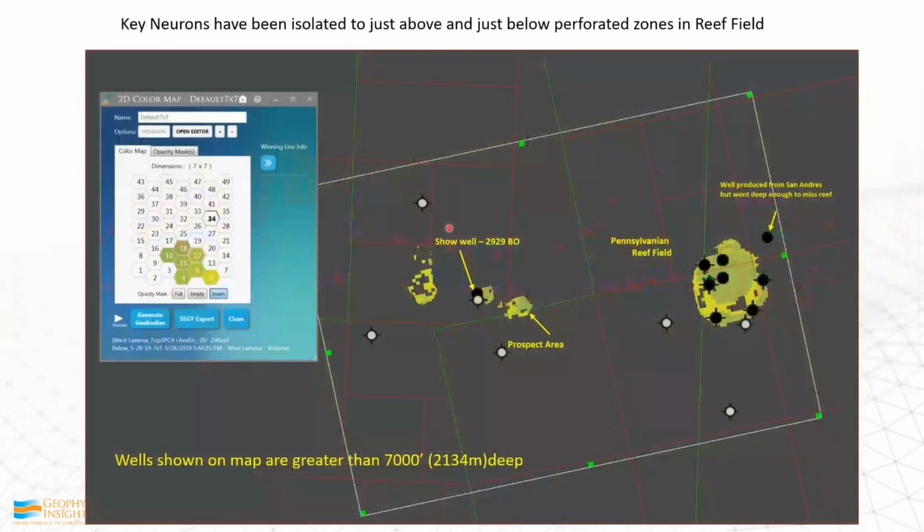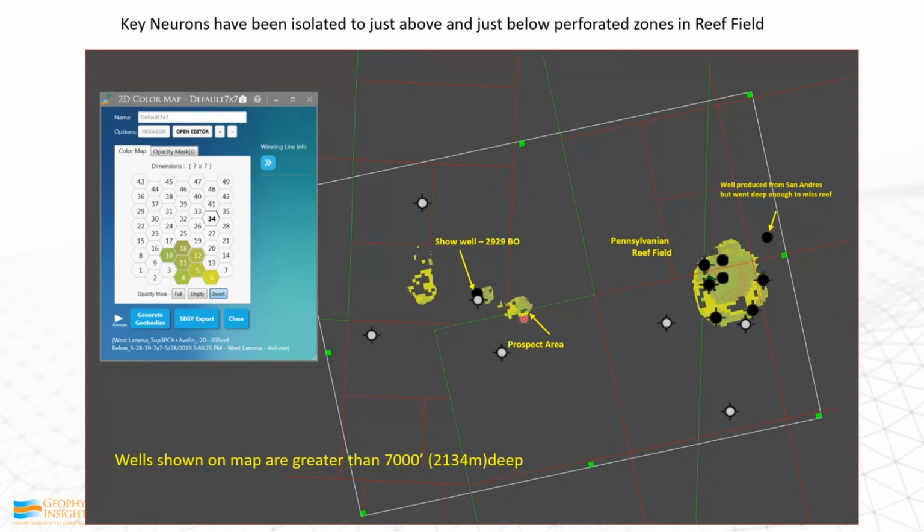So in looking at this, I've turned off everything that wasn't pertinent to the porosity or the production in the main field. And so here's what you see. Everything here are the wells that are drilled 7,000 feet or deeper. This well was going for reef, but missed it and ended up producing from the San Andres in the area.